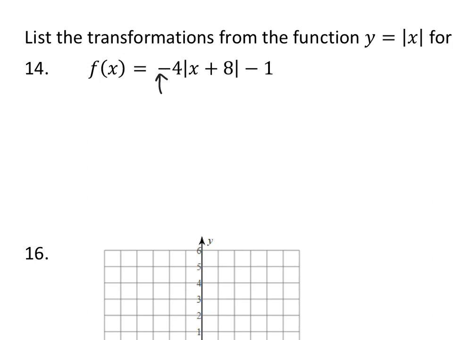We have this transformation right here, which is a stretch. We have this transformation here, which is a shift, and this transformation, which is also another shift. So from left to right, I'm reading my equation. So I'm going to start on the left, and then I'm going to list all of my transformations, and then we'll talk about each one.